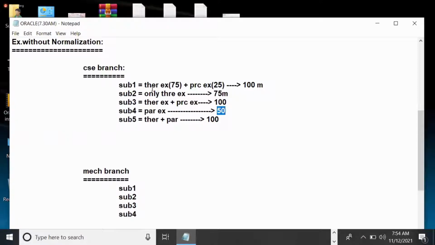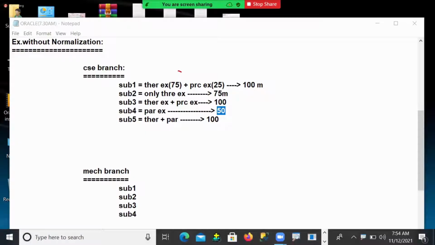So what you understand, guys, is that based on your examination name, some subjects' total marks is 100, some 75, some 50. So it depends; that means the total marks of a subject depends on your examination name.